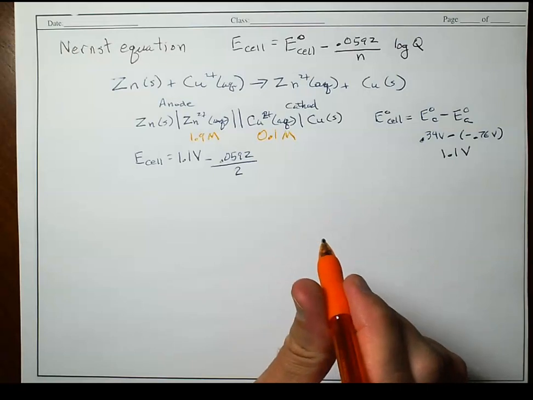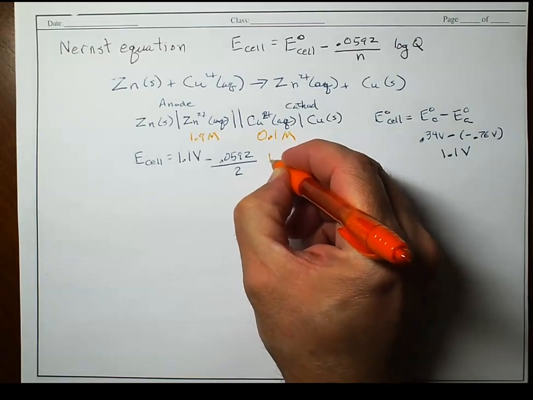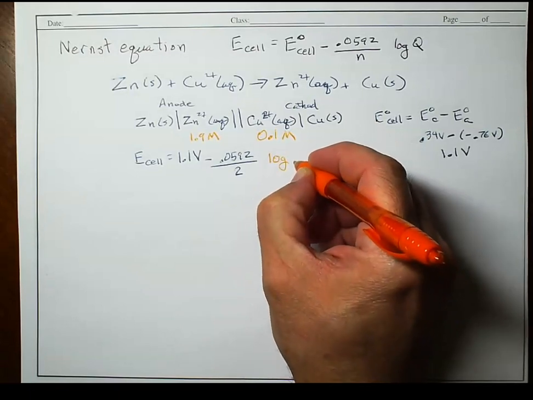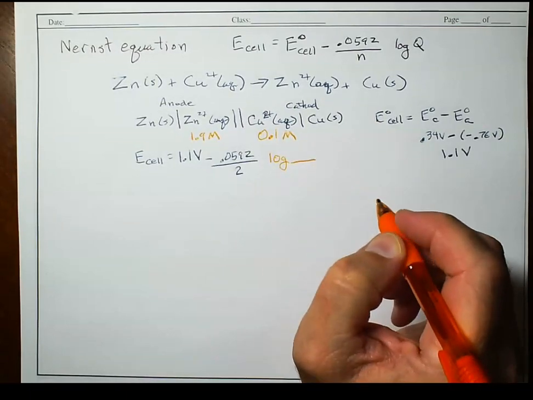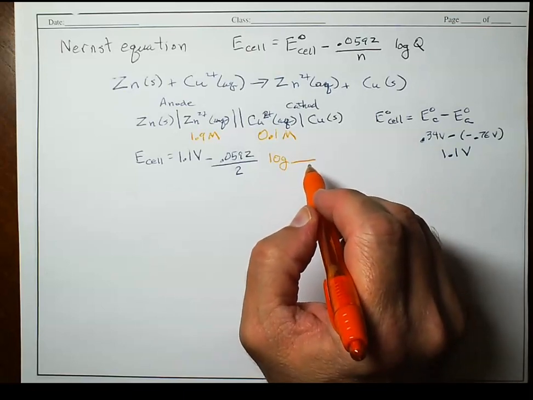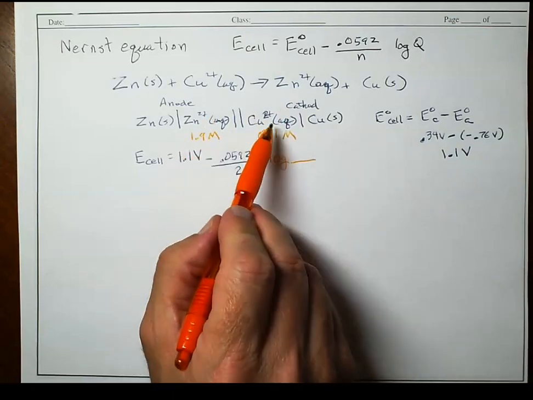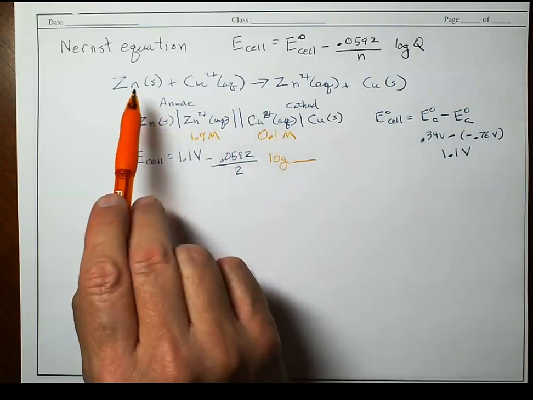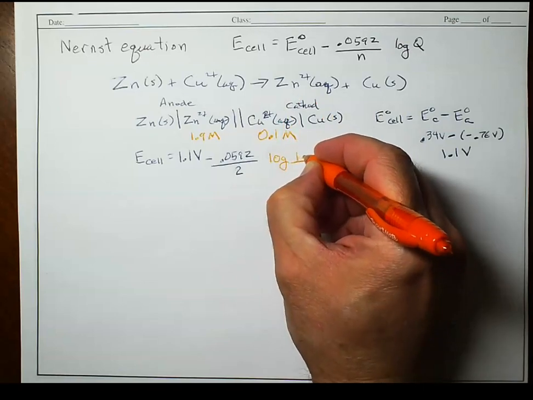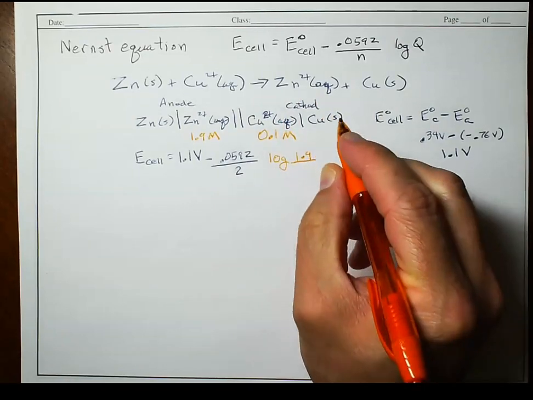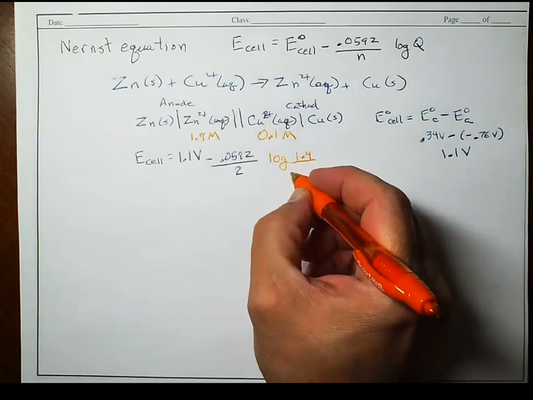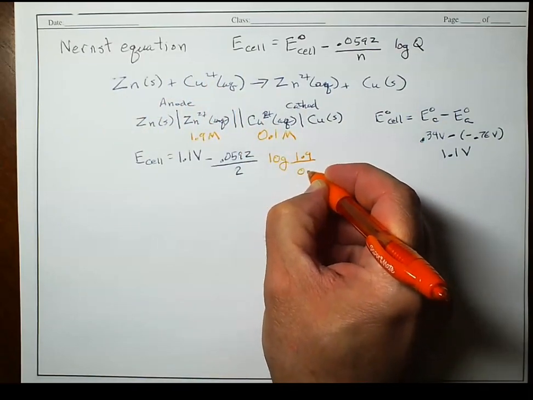So what is Q? We're going to take the log of Q. Now Q, like K, is a fraction. What goes on top? Products go on top. Which of these two ions is a product? Well, the zinc ion is the product, so that's 1.9. And the cupric ion is here on the reactant side, and it is 0.1.